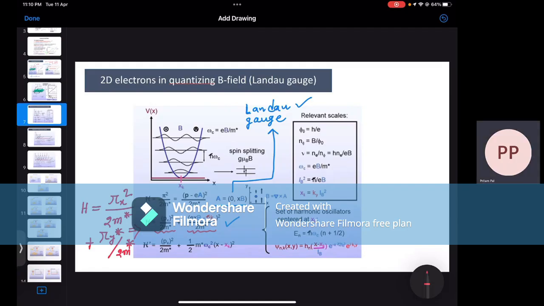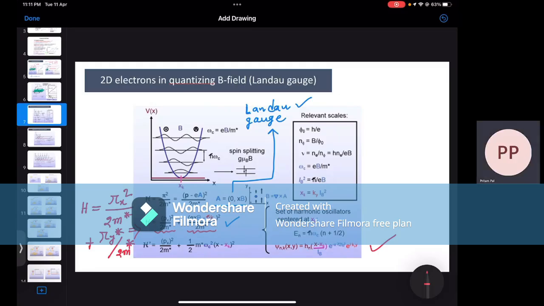This is my Hamiltonian for the x component of the wave function. The solution to that is Hermite polynomials.